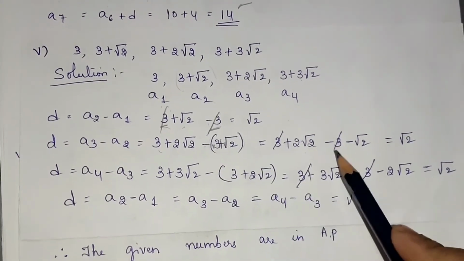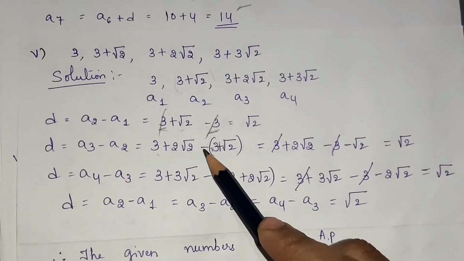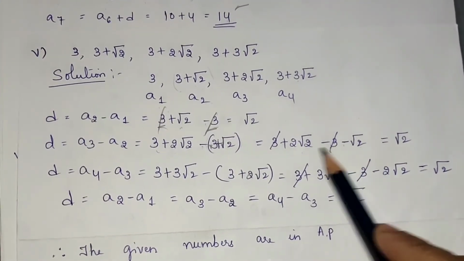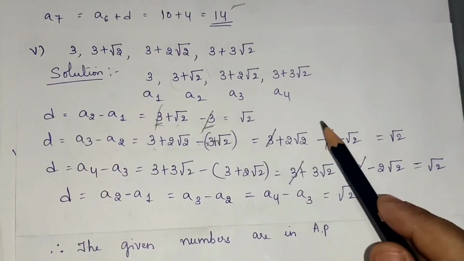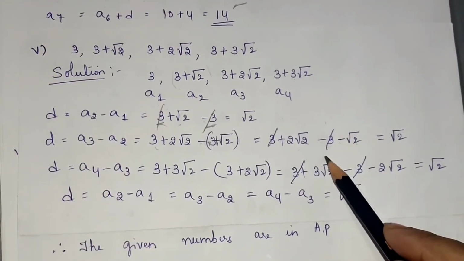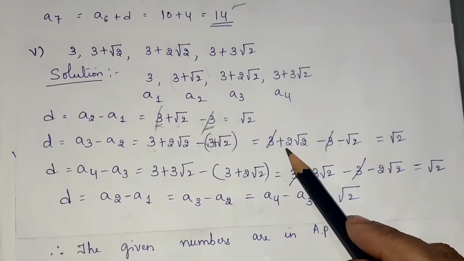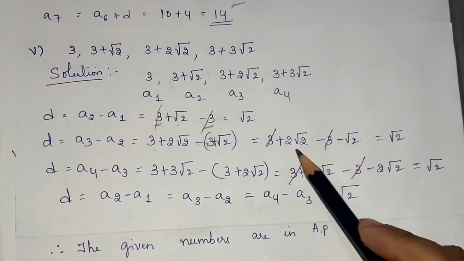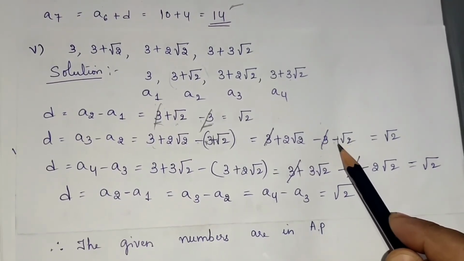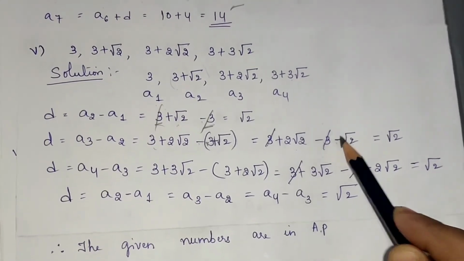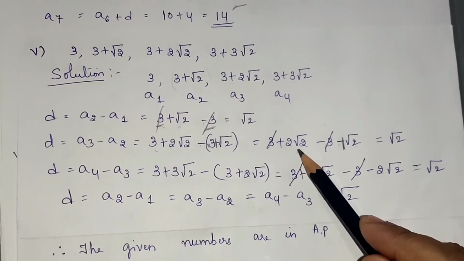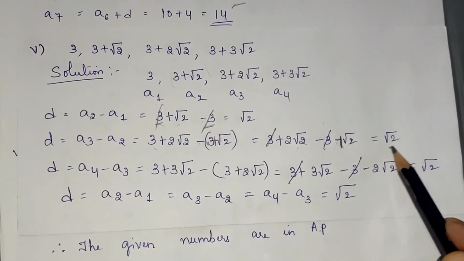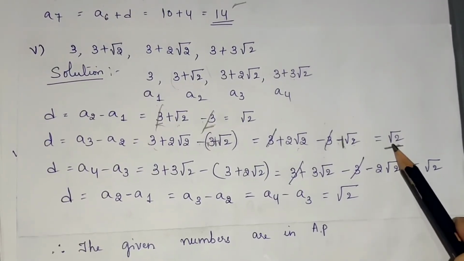Here plus into minus is minus 3. Plus into minus is minus again, minus root 2. Here again plus 3 minus 3 will get cancelled. You are left with 2 root 2 and root 2. Here root 2 means you have to think of it as 1 root 2. Subtract 2 root 2 and minus 1 root 2, then you will get root 2 itself.